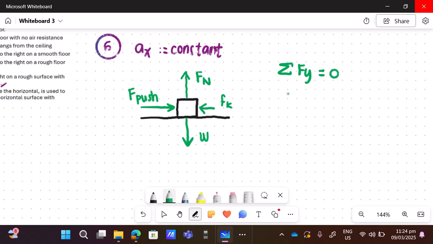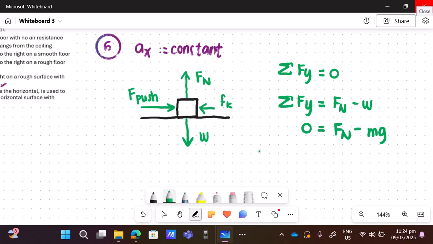If we take the sum of the forces along y, that will be the normal and the force due to gravity, so F sub n minus W. Since there is no change in acceleration, this will be 0 equals F sub n minus mass times g.